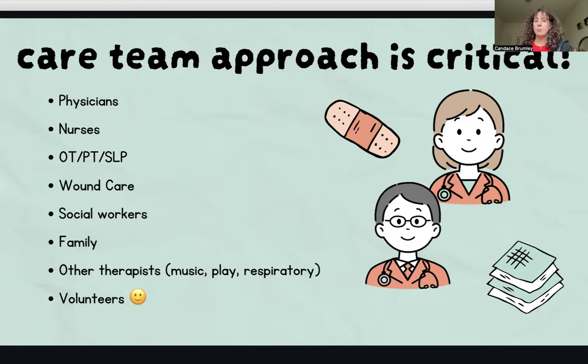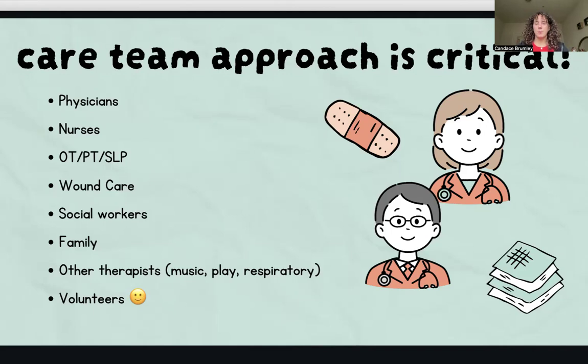The care team approach is critical in burn injuries, whether they are in intensive care, acute care, outpatient, or inpatient. The physicians and nurses are always going to be a very critical part. Of course, OTs, PTs, speech language pathologists, wound care folks who have special certifications to be able to do that kind of stuff, social workers or case management, and the family members.